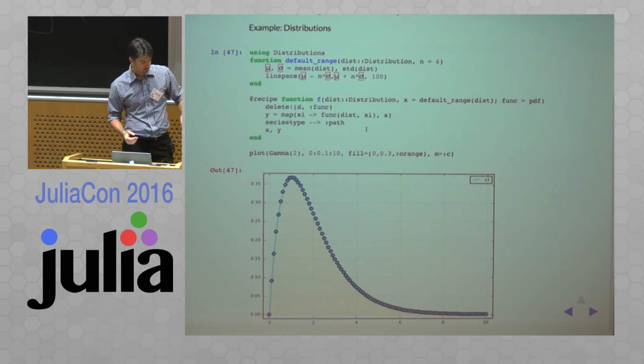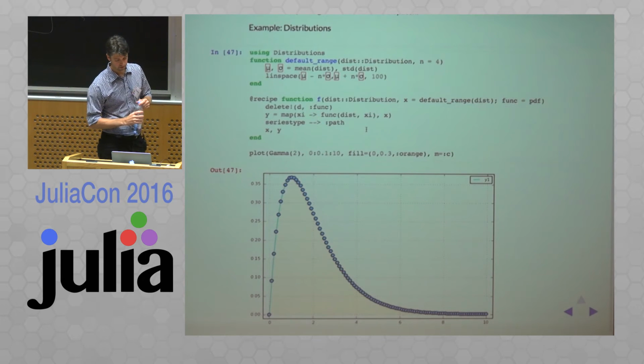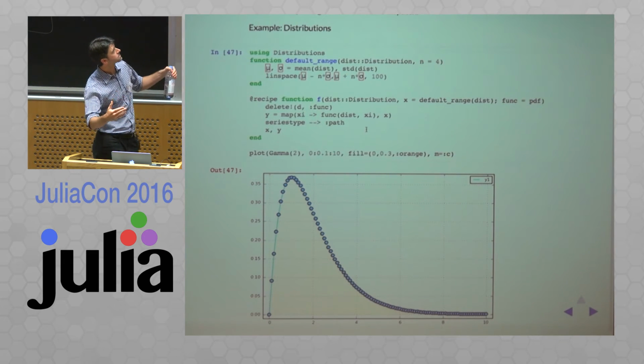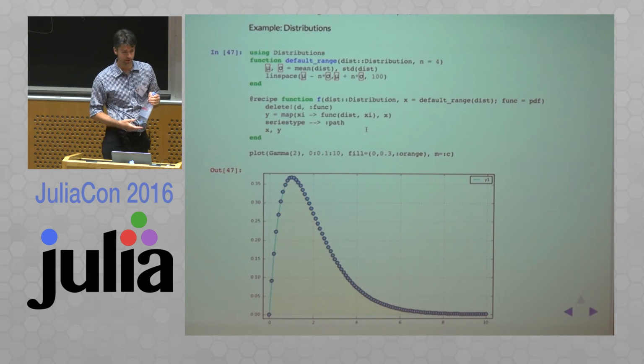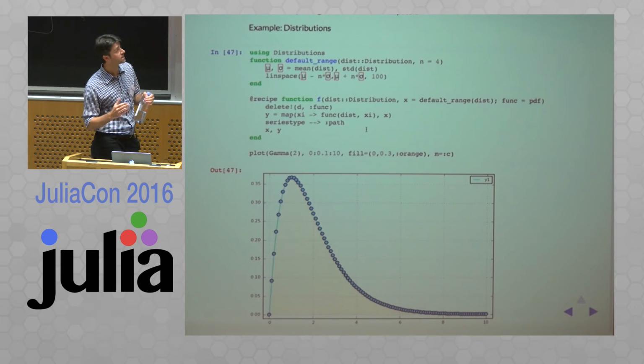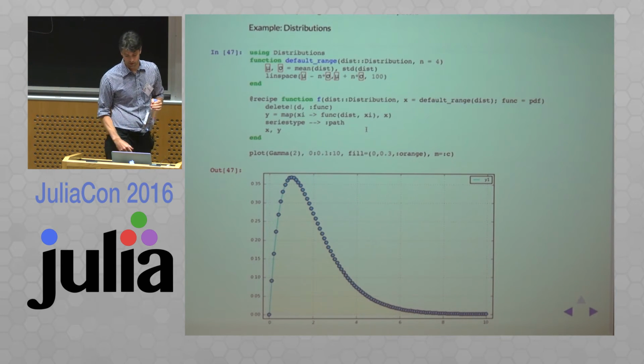So this recipe is very similar to as if you did those transformations yourself, if you mapped out a PDF of a distribution to a y value and passed in your x range, except that here I have this default range function, which will try to give it a sensible bound using the mean and standard deviation of the distribution that you pass in. So you can do convenient, nice things in your recipes that might be a little annoying if you did them every single time.